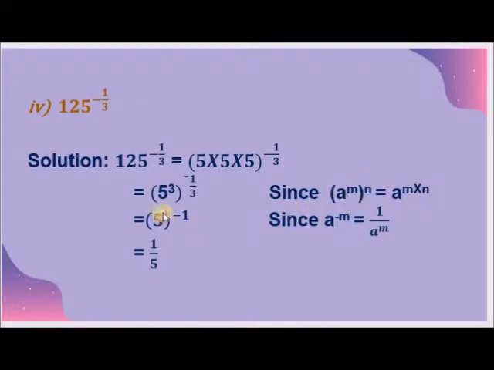Then 3 and 3 both will cancel. What is left? Minus 1 is left. So this becomes 5 raised to the power minus 1. And now again we will use the law, a raised to the power minus m is equal to 1 upon a raised to the power m. So now this becomes 1 upon 5 raised to the power 1, which is equal to 1 upon 5.